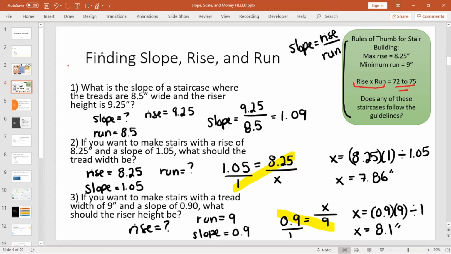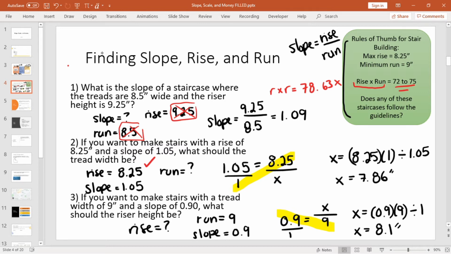So we have a rise of 9.25, which is too high. We have a run of 8.5, which is too short. And if we do the rise times run, we're going to get 8.5 times 9.25, which is 78.63, which is also no good. Let's look at number 2. Our rise is 8.25. That's okay.